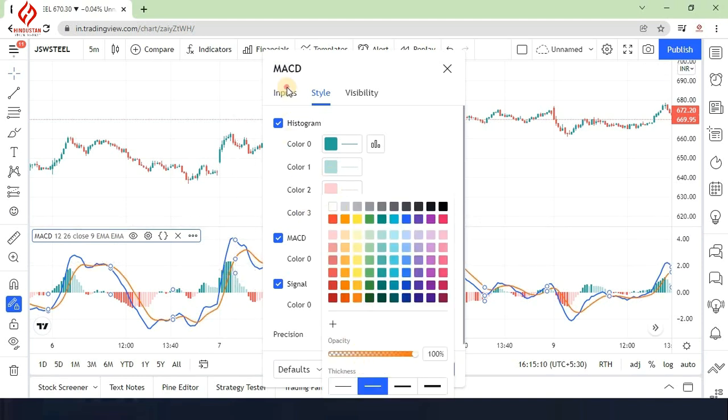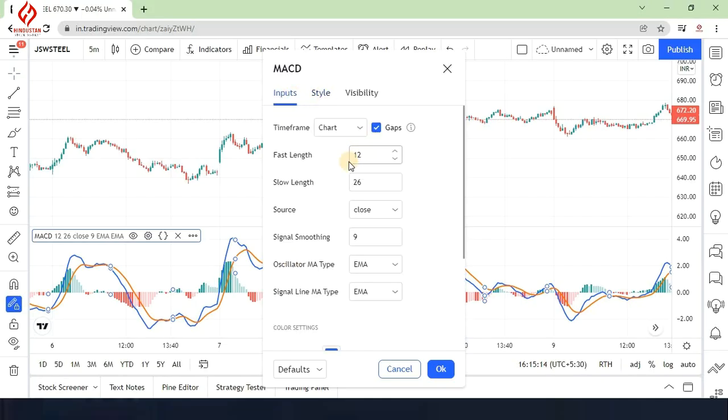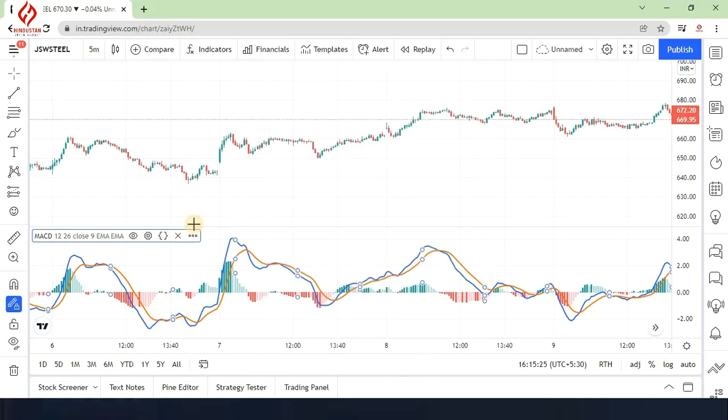Okay, so here we have 12 period exponential moving average and 26 period exponential moving average, and signal smoothing, that is 9 period exponential moving average, right?